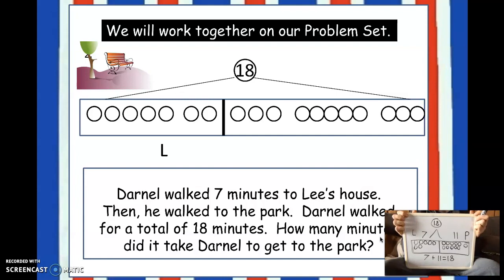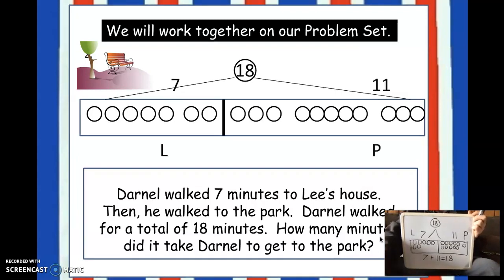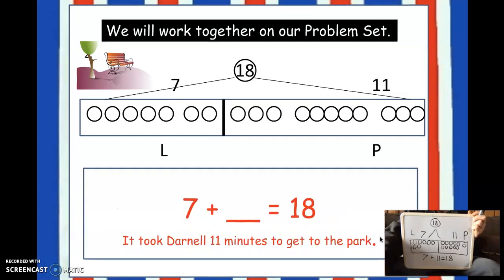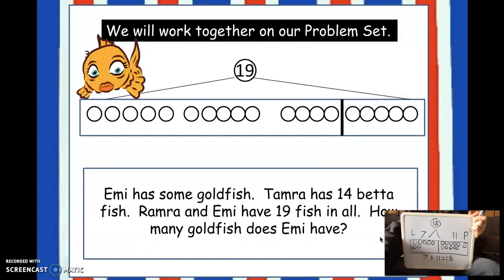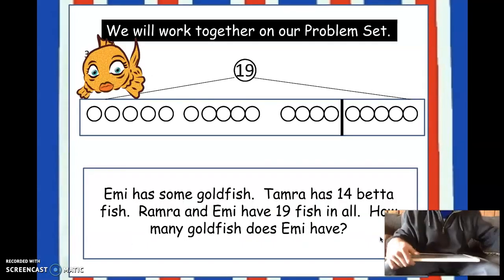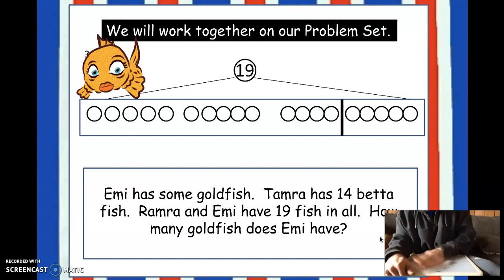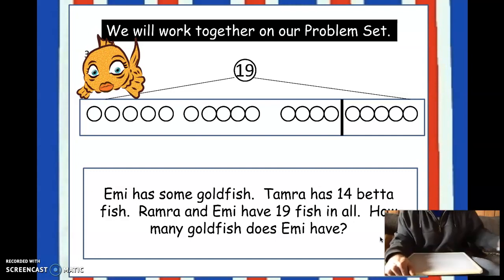All right, let's walk through one more together so that we can have more practice, and then you guys are going to practice some on your own. 7 plus 11 equals 18. All right, see if you can find a blank spot and erase your board and set up a tape diagram faster than I can. I'm already going. I'm cheating. Sorry.